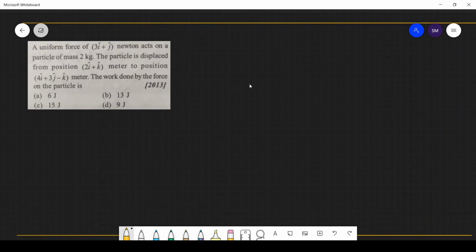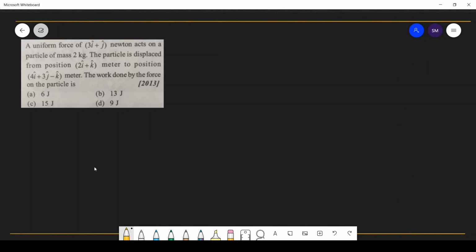Okay, so next question. We have a uniform force that is 3i cap plus j cap, and this is constant. You can clearly see it is constant. It doesn't depend on x, y or z, and it acts on mass 2 kg.